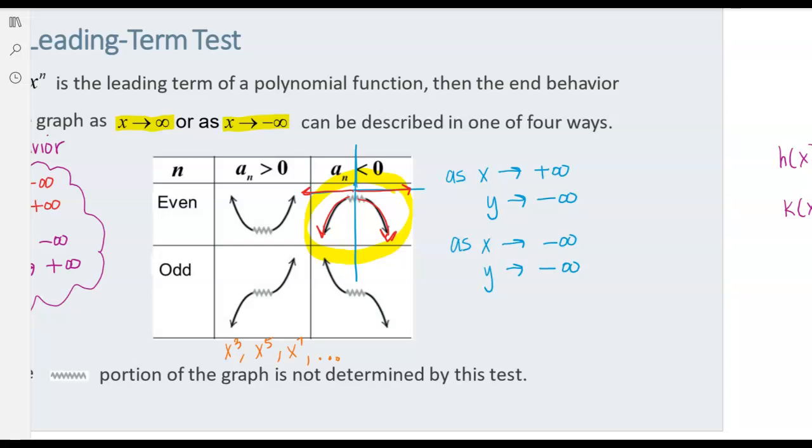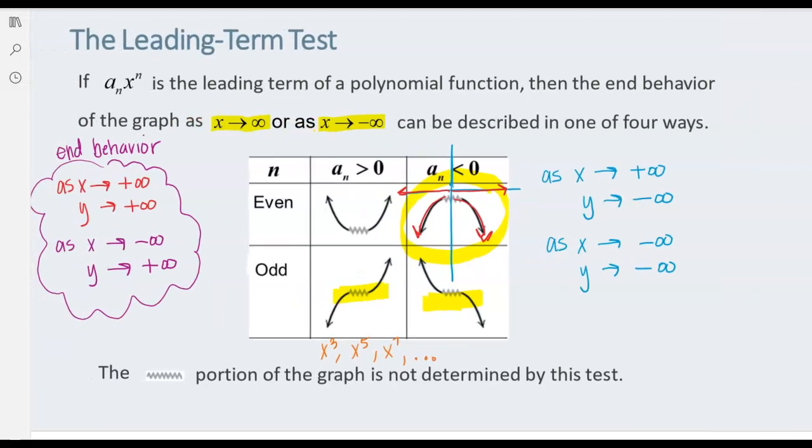And as x goes towards negative infinity, y is going towards negative infinity. Notice that this is what happens when the very first term is positive versus when the very first term is negative, and that would be a reflection over the x-axis. So when I look at this graph, it's got the opposite end behavior as this graph because that negative sign reflects the graph over the x-axis.